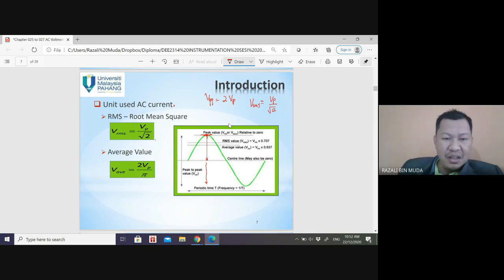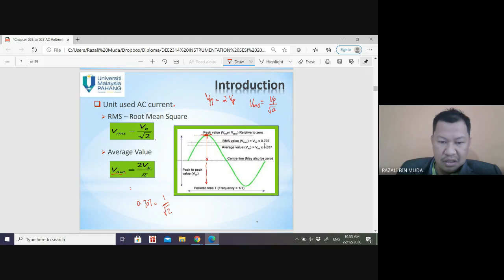The second term is the average value, V average, equal to 2 V peak over pi. So RMS is V peak multiplied by 0.707, which is 1 over root 2.